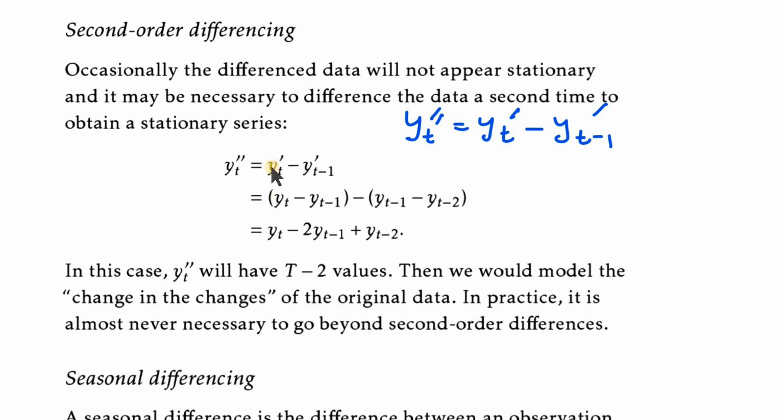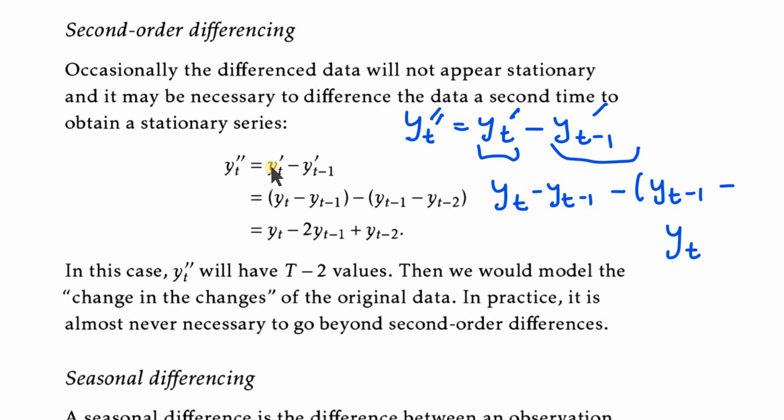The first term becomes Yt minus Yt-1, and the second term becomes Yt-1 minus Yt-2, since we difference Yt-1 one time.